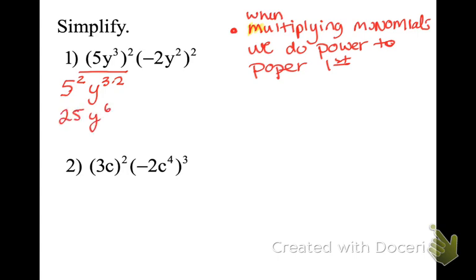That becomes 25y to the 6th. Now notice I'm multiplying that whole thing by this next one. So what am I doing, Mark? So you have -2 to the second power times y to the fourth. What is the operation? Exponents. What operation?